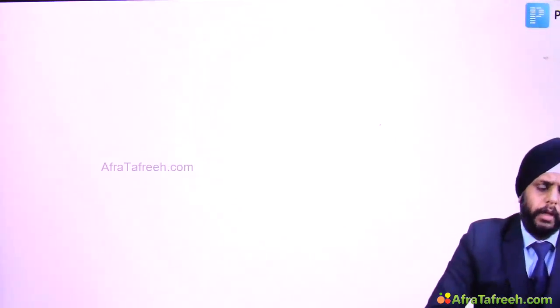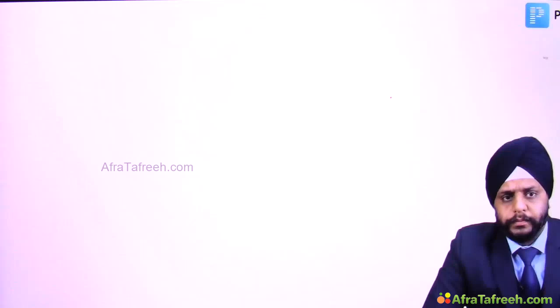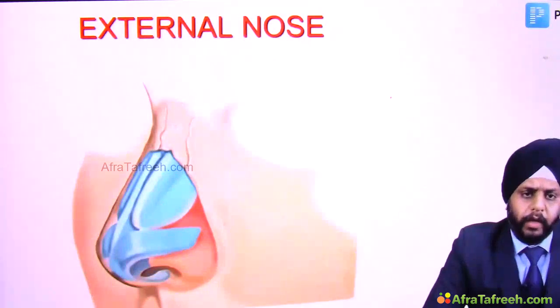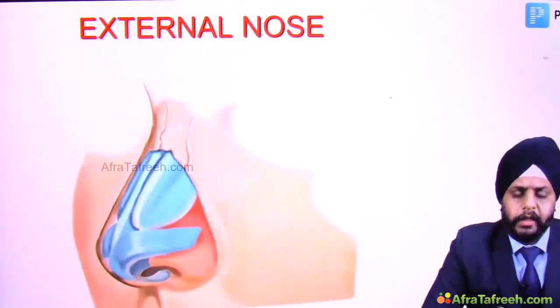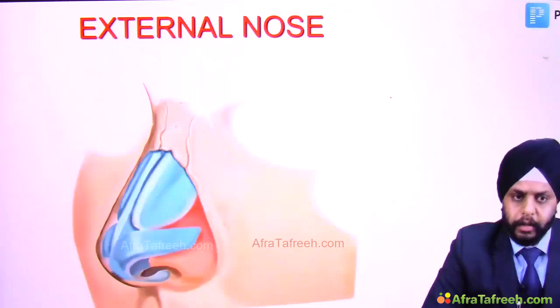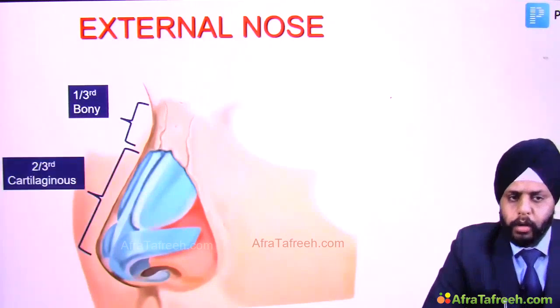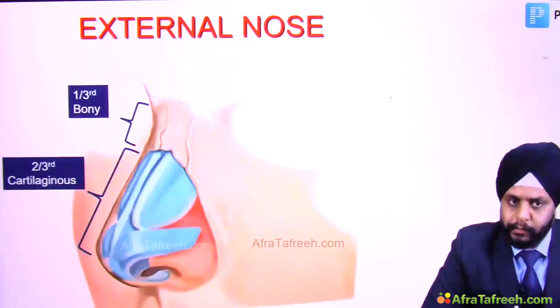Now, what structures form the external nose? As you can see over here in this photograph, the external nose is formed by both bone and cartilage. As you see, the upper 1/3 is bony, whereas the lower 2/3 is cartilaginous.